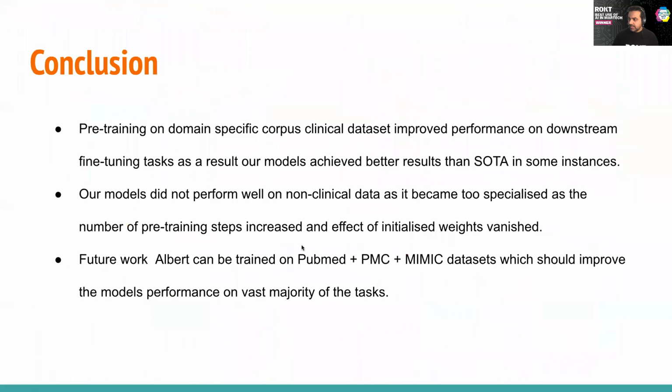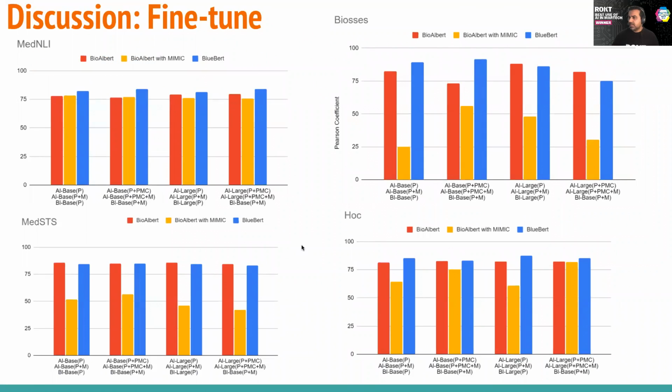And you can clearly see this from the next slide, where as we have trained our MIMIC model, the pre-training steps have made it very specialized, because we only initialized the pre-training model with the BioALBERT weights.